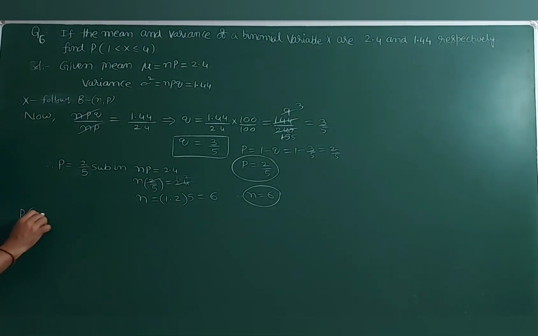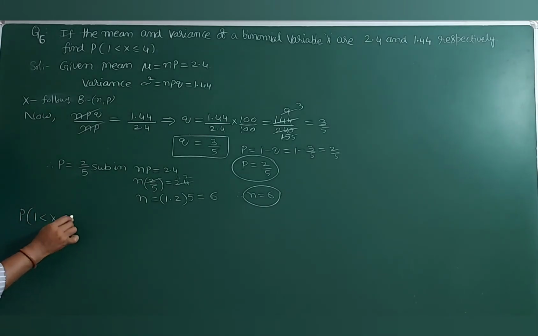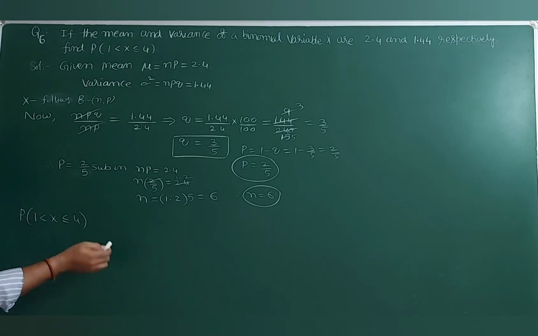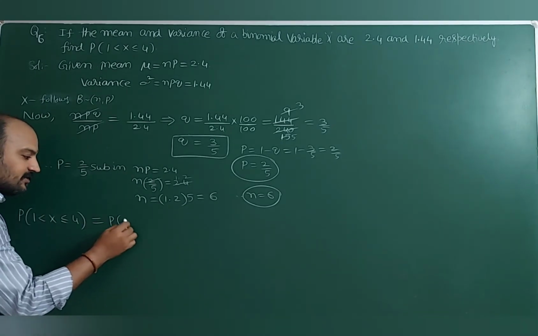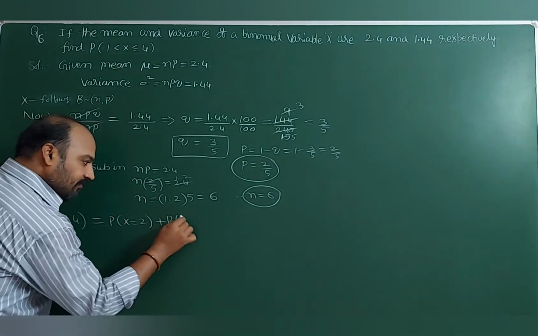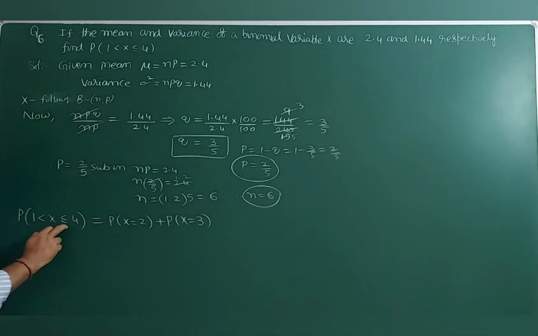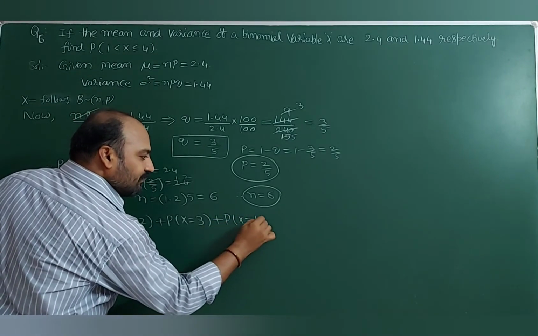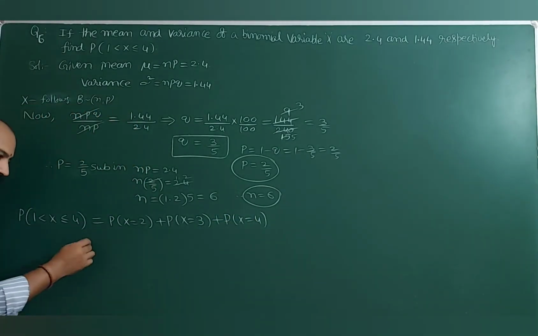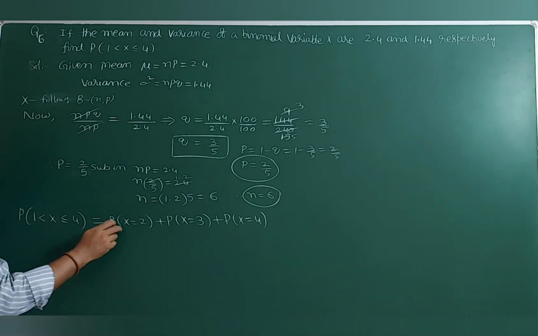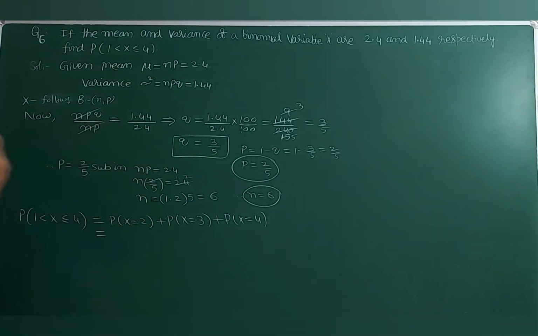P of 1 less than X less than or equal to 4. So 1 less than X means X is greater than 1. X is greater than 1 starts with X equal to 2, next X equal to 3, and X less than or equal to 4 means X equal to 4 also will come. So P of X equal to 2, what is the value? Again, use the binomial distribution function.